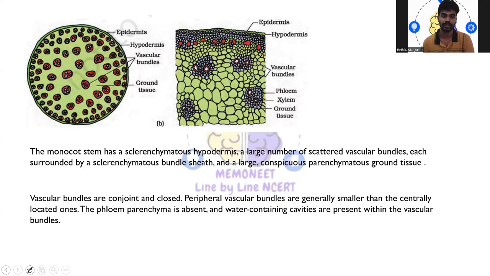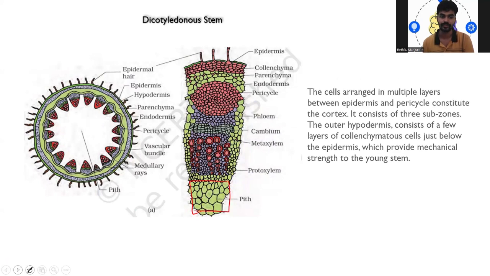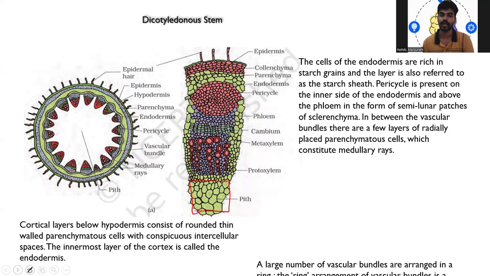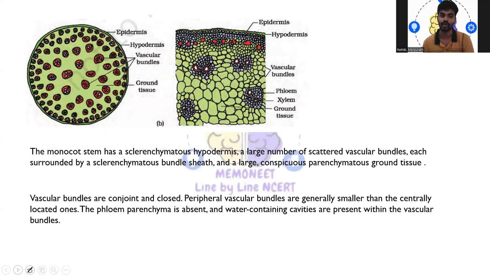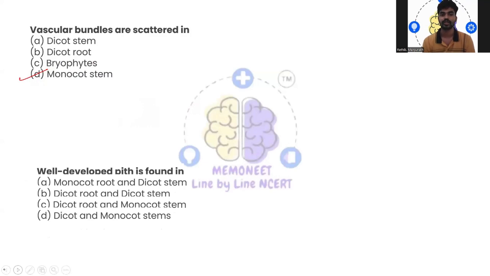One thing we need to understand is, see this, here also well-developed pith was there. So in the dicot stem it was observed. And in the last video, I also said that in monocot root, it was observed. So yes, dicot stem and monocot root is the correct answer.